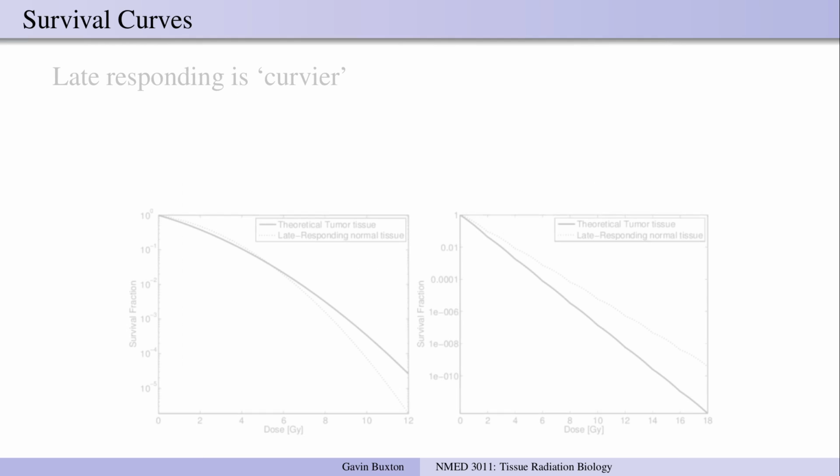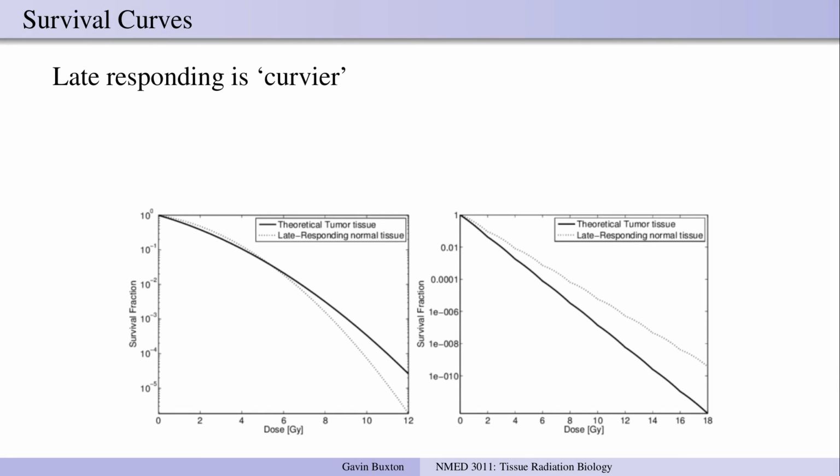So, coming back to this in a bit more detail, it's being found that not only do acutely and late responding normal tissues express the damage at different timescales, but their survival curves are also different, right?